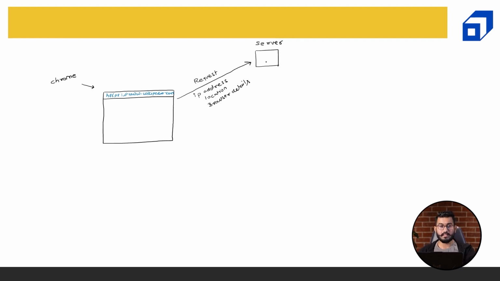Now, once the server verifies all your details, once the verification has been done, once the server is confident that you are a valid user, you are not trying to do anything suspicious, the server will return the HTML code of this particular website.